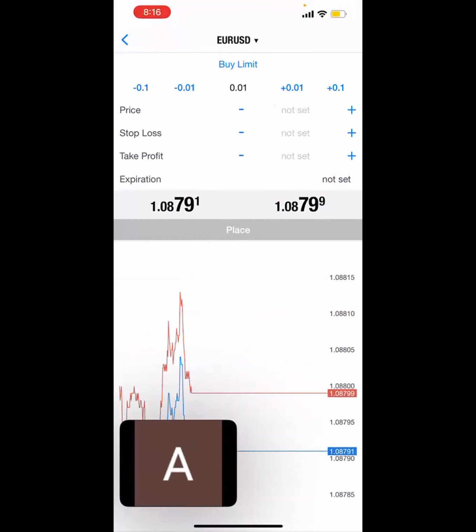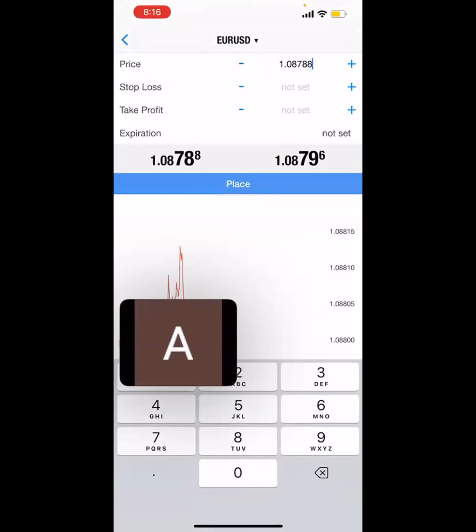Now you can see it's giving you where you can put the real price. So let me give you a price that will be lower than where this market price is. Move your cursor to price and erase that one there.